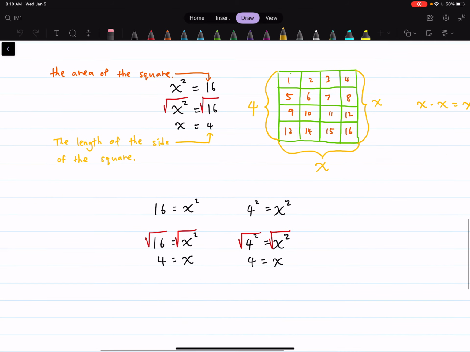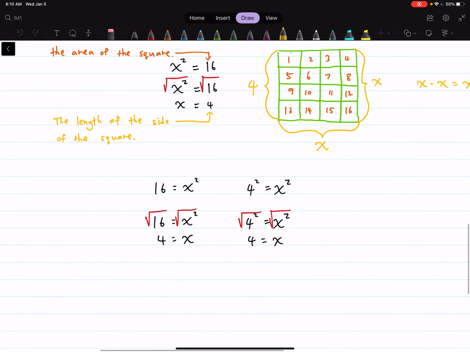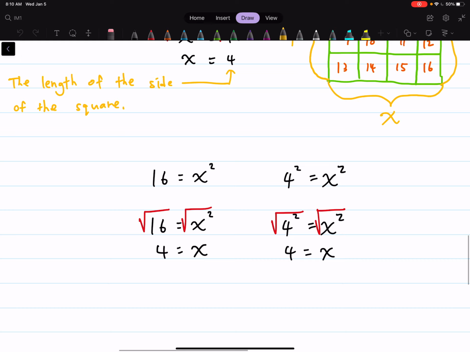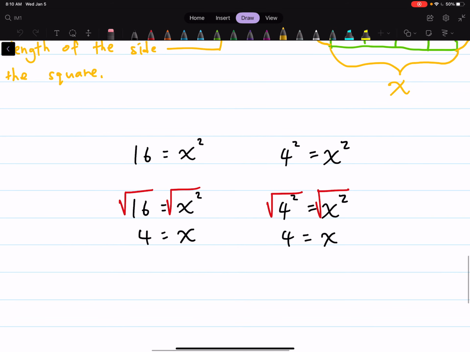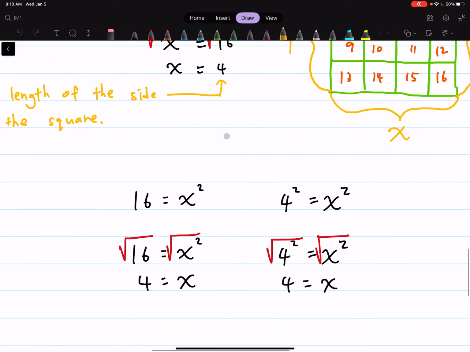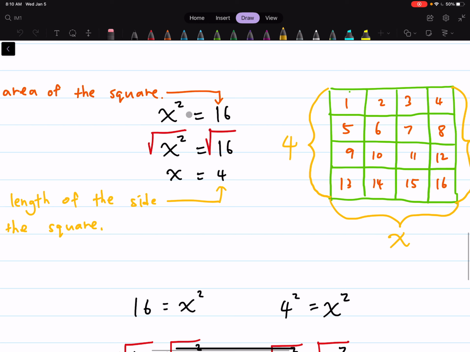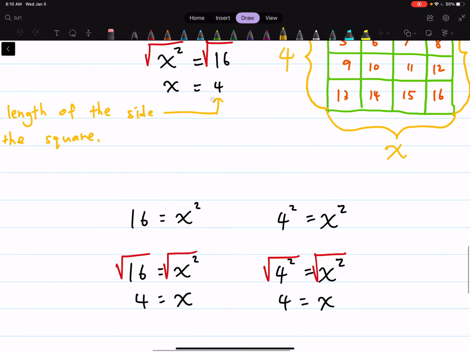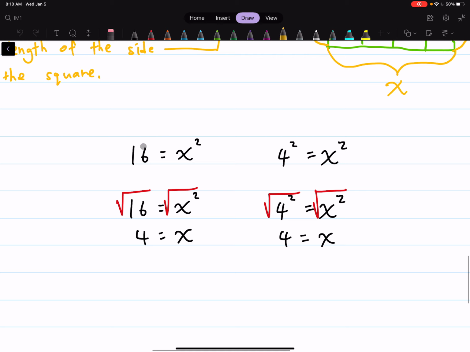And I want to show you guys another example that's going to help explain this a little bit better. We have this equation, which is the same equation as this right here, just switched around a little bit. So if you take a look, 16 is equal to x squared. But 16 is the same thing as what? 4 squared.